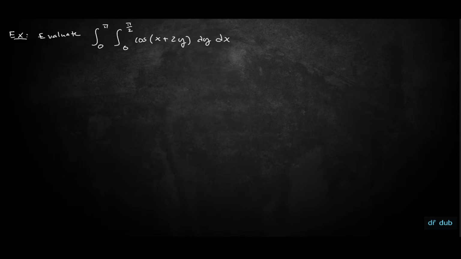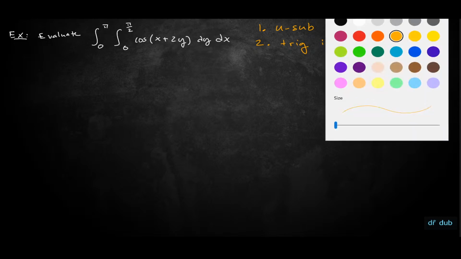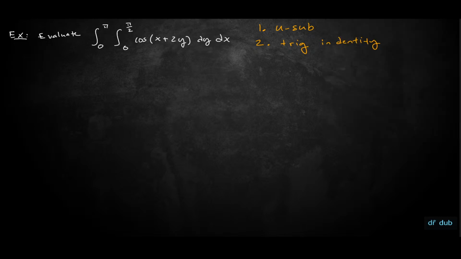So there's two ways. The first one would be u sub, but we've already seen one of those today. So I'm going to use a trig identity to simplify. Well, I say simplify, it actually is going to look more complicated after we get going, but oh well. So I'm going to do the trig identity.